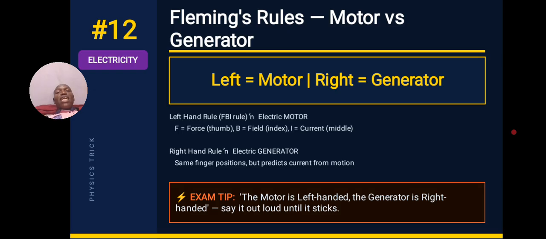As soon as you put light to it, what happens? The motor changes the electric energy to mechanical energy, something moving. So your fan moves. But generators change mechanical energy to electric energy. Example, your gen.